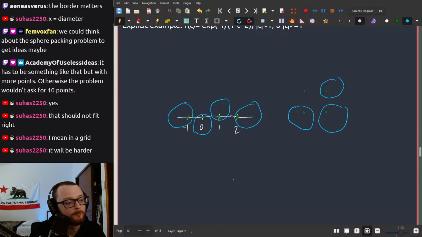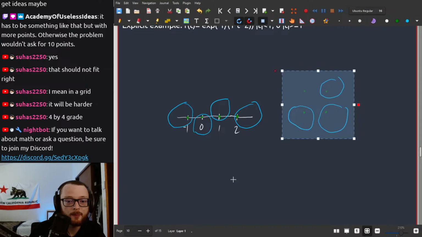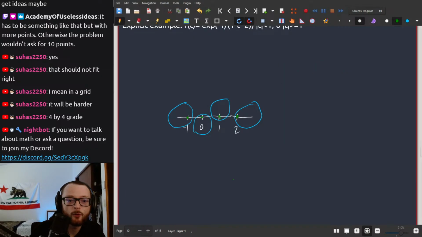A 4x4 grid. Yeah, that's going over the allowed number of points, but maybe as the grid gets bigger, it's harder. We just do a 3x3 grid. No, we can definitely do this.